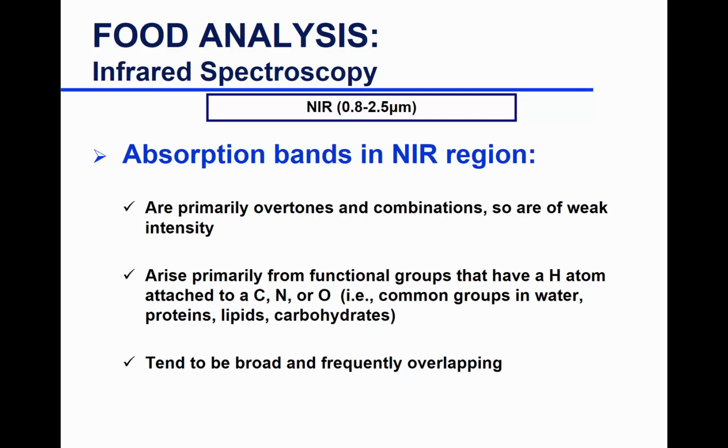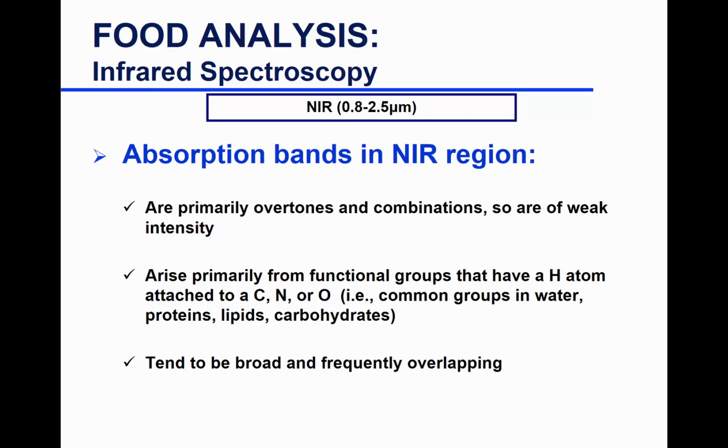Unlike mid-IR, you would see the peaks are not sharp and nice as in the mid-IR. They're mostly wide peaks, so we call them overtones and combinations. Sometimes the peak is actually a composite of multiple constituents, so we do something we call deconvolution of the peak.